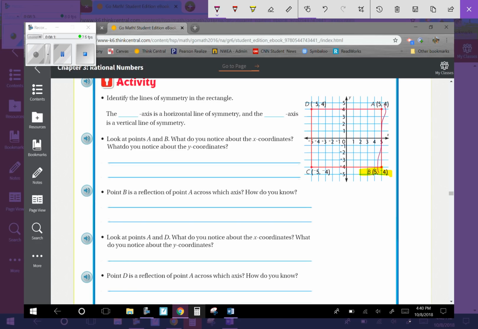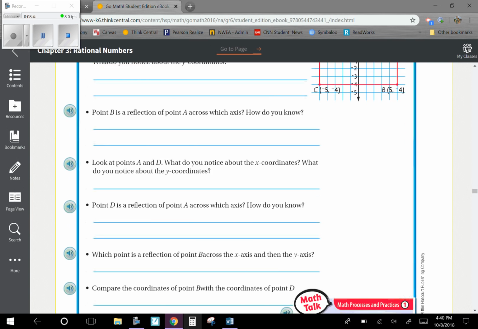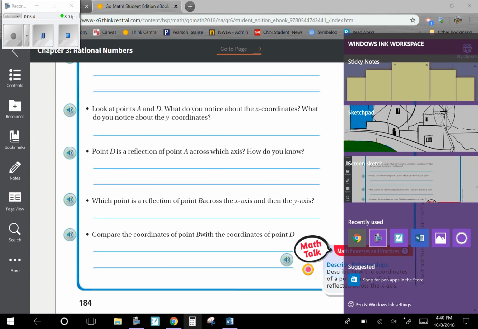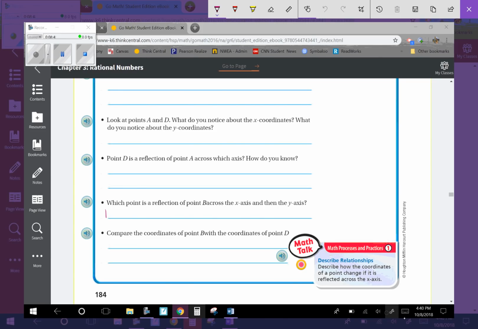So this one's across the x-axis, so now we're at A. And then we're going to go across the y-axis, which is point D. So to get from B to D, you go across the x-axis and then across the y-axis.